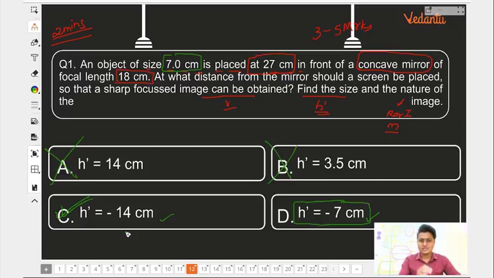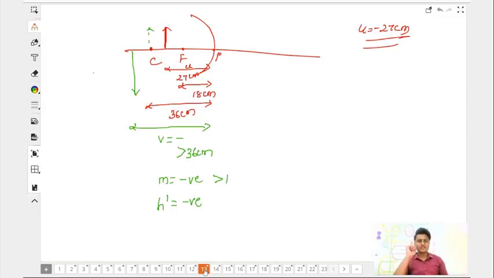Now you know everything: v must be negative, v must be above 36, m must be negative, m must be greater than 1, h dash must be negative and must also be greater than 7 centimeter because that's the object height. So there is no way you can go wrong in here, because after this everything is calculation. With the help of this, you will be able to verify your answer and do the numerical without one single silly mistake.